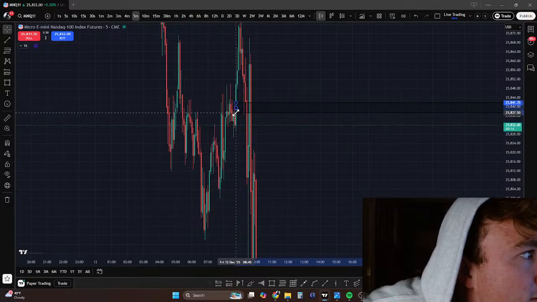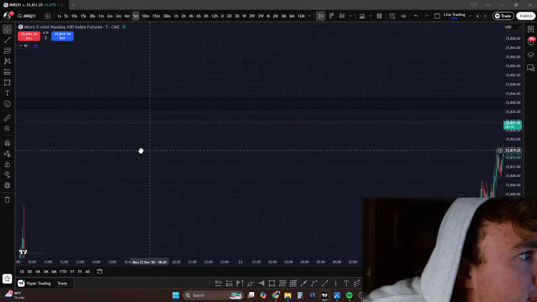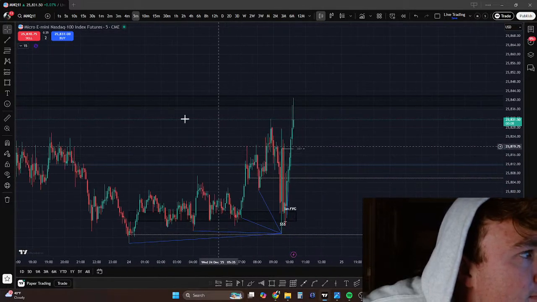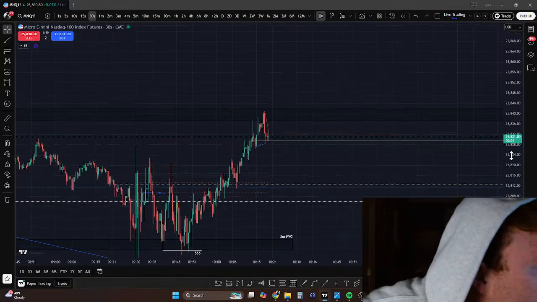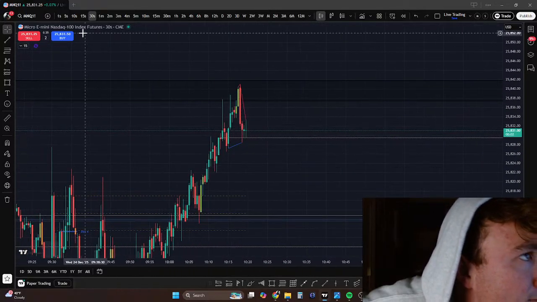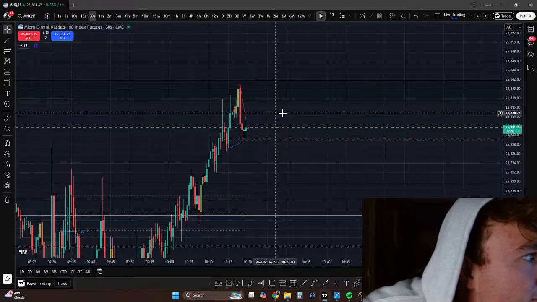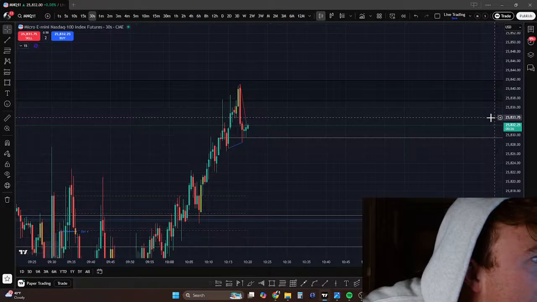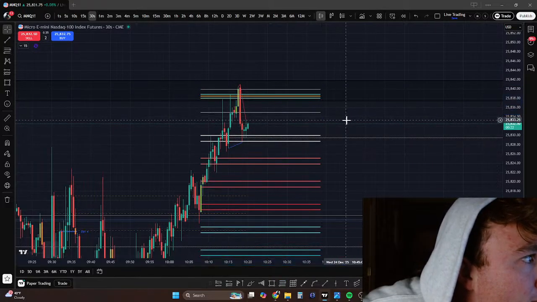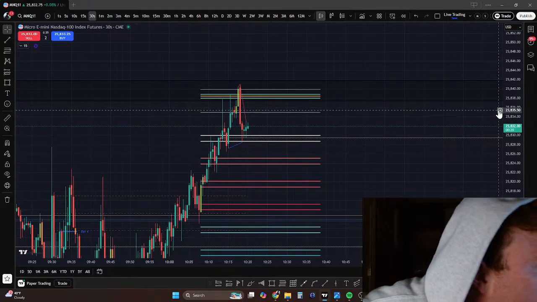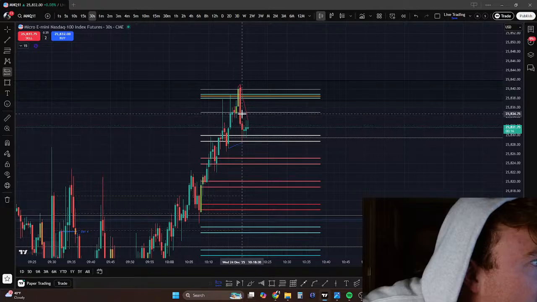Use this. Should we try this? Let's just try it on TradingView. I don't want to try it on the other one.